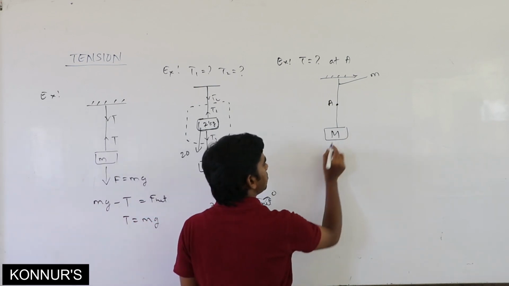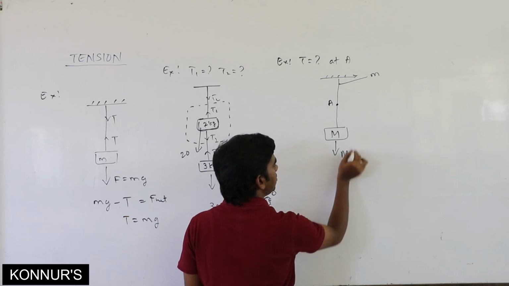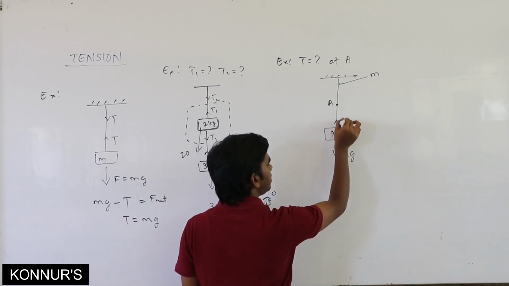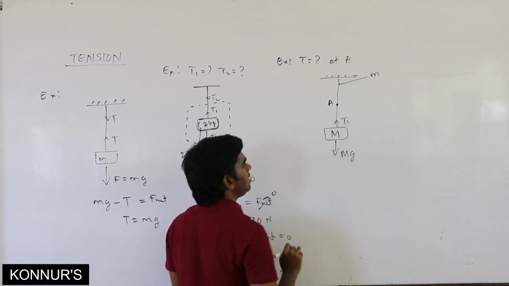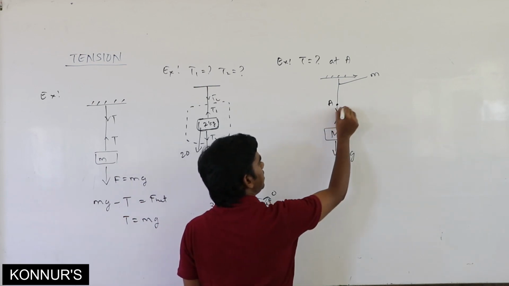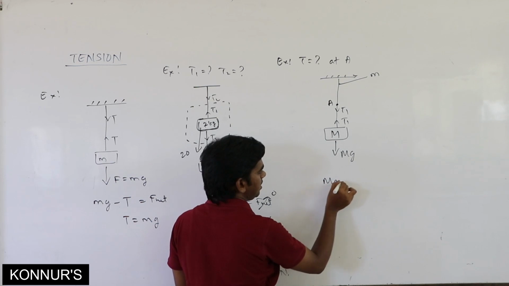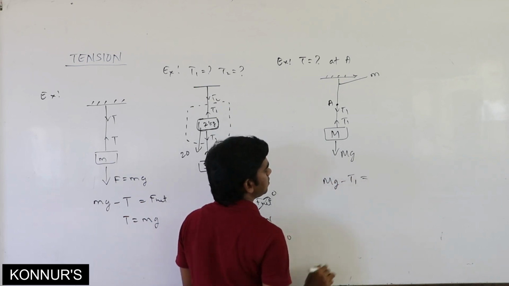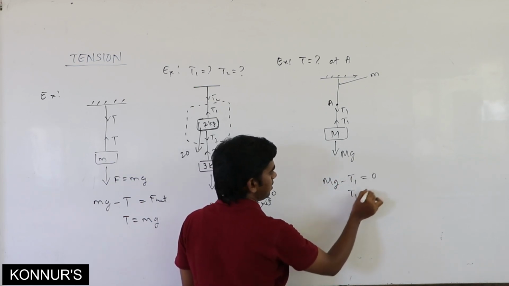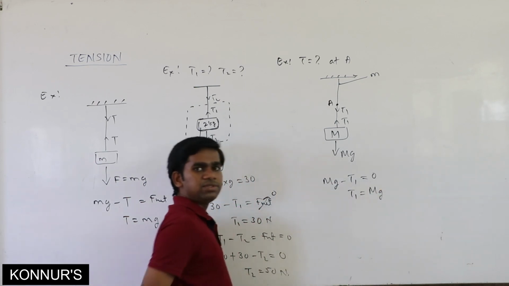Net force on this mass is mg downward. In this direction tension is T1. So the net force is mg minus T1 equals 0. So T1 is mg.